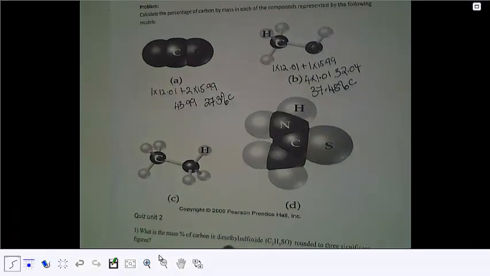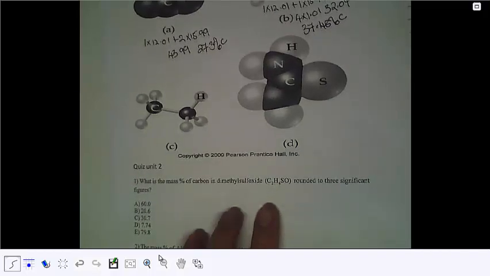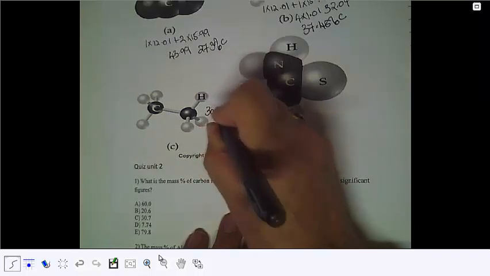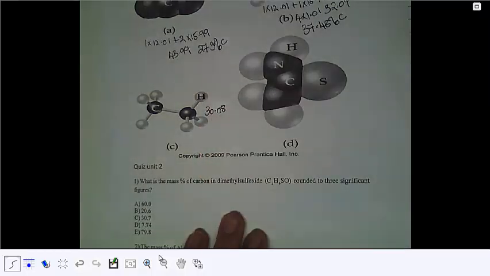As we go further down, the next molecule that we look at is ethane. Ethane has 2 carbon atoms and 6 hydrogen atoms, and you should get the molecular mass to come to 30.08. Now we're looking at the percentage of carbon by mass.